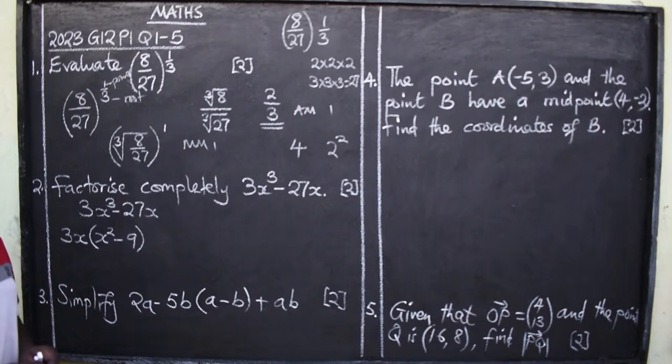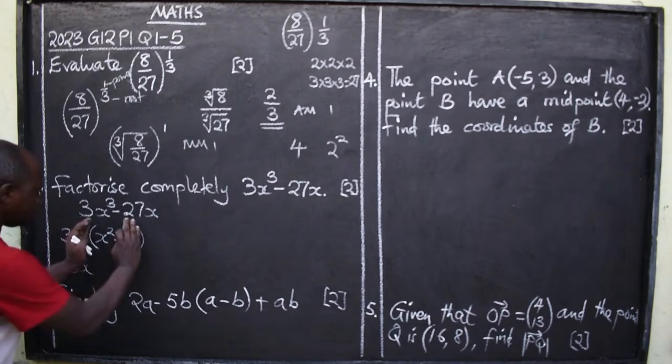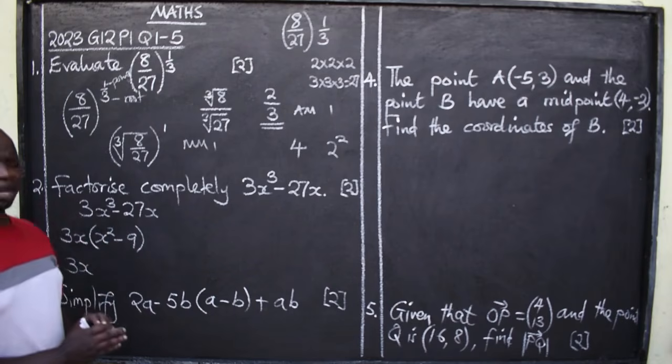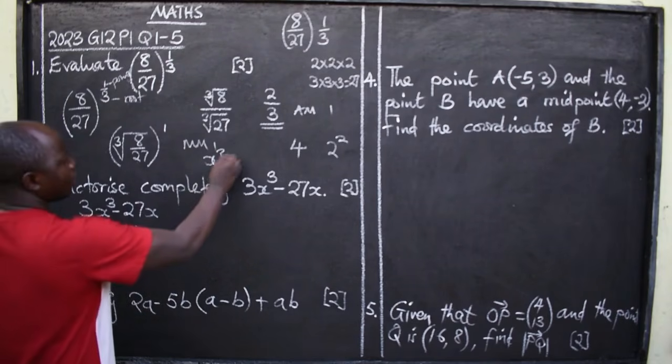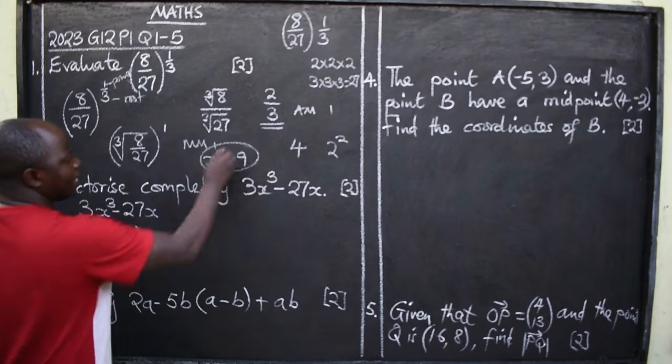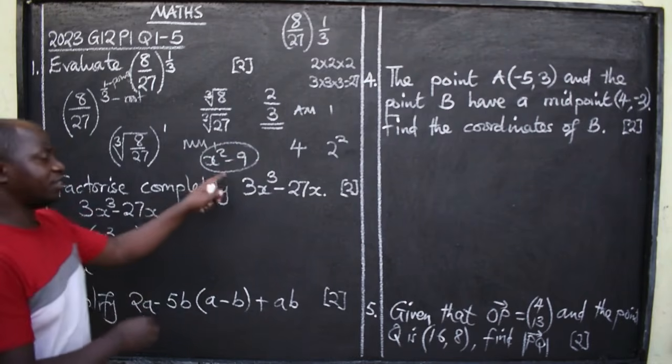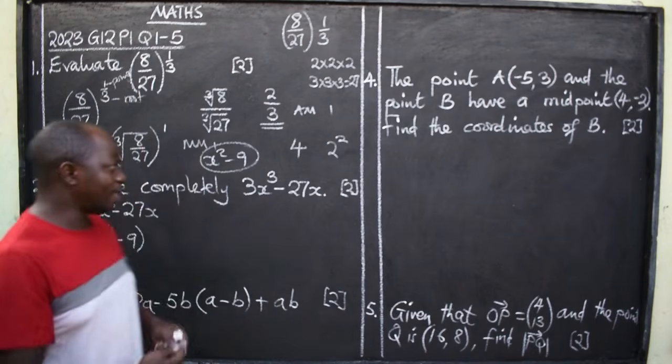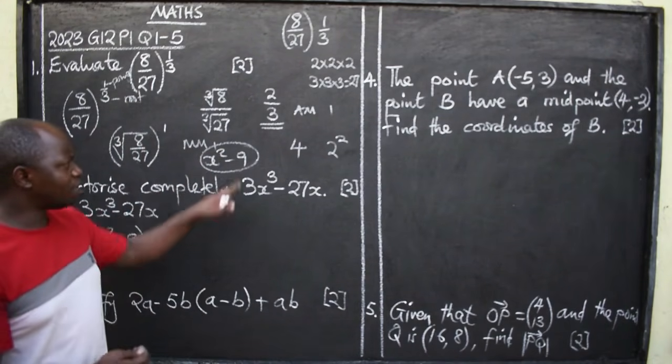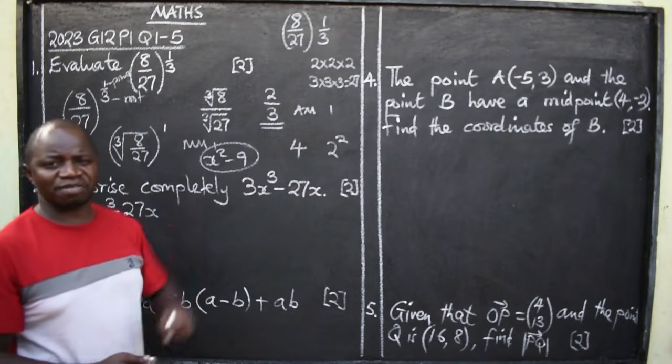What next? This 3x will remain the way it is, but I'm now going to deal with what is inside the brackets. x squared minus 9. This now is difference of two squares. Why? x is in square form. 9 can also be expressed in square form.